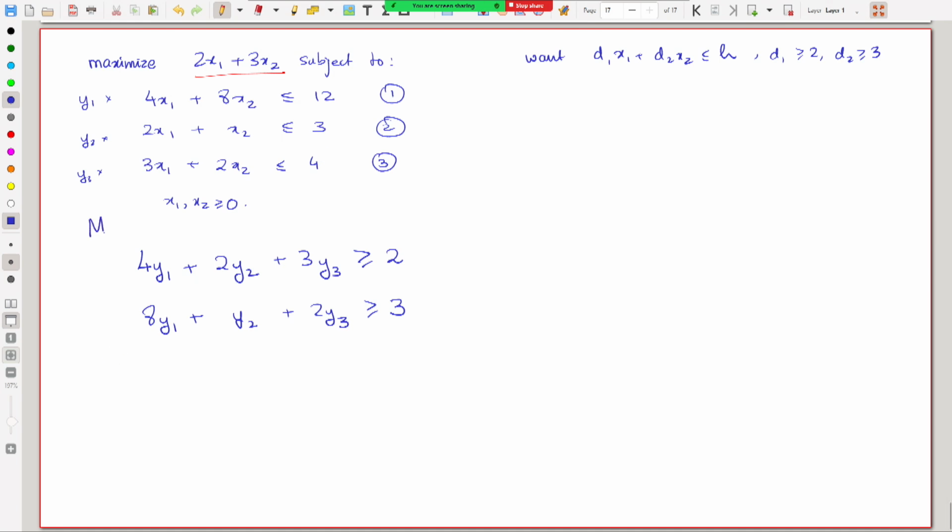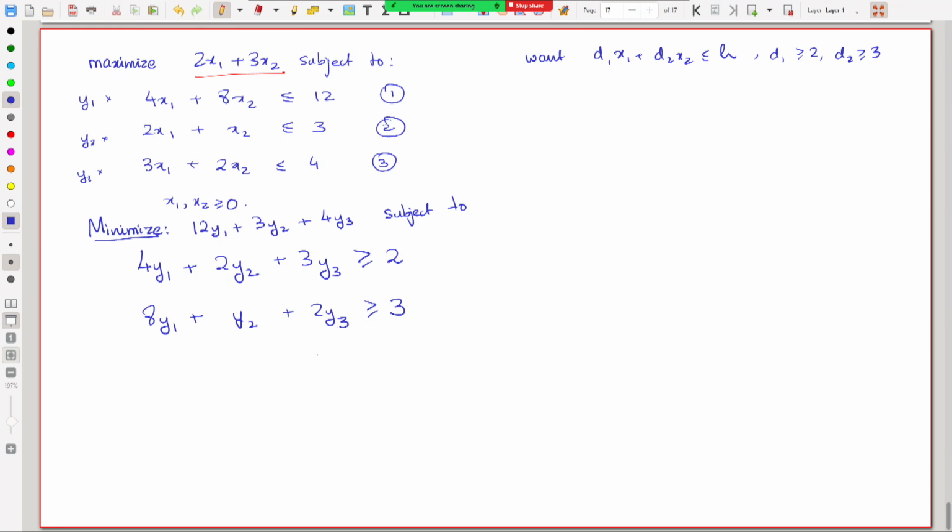So, the problem becomes minimize 12 y1 plus 3 y2 plus 4 y3 subject to the inequalities 4 y1 plus 2 y2 plus 3 y3 greater than or equal to 2, 8 y1 plus y2 plus 2 y3 greater than or equal to 3.